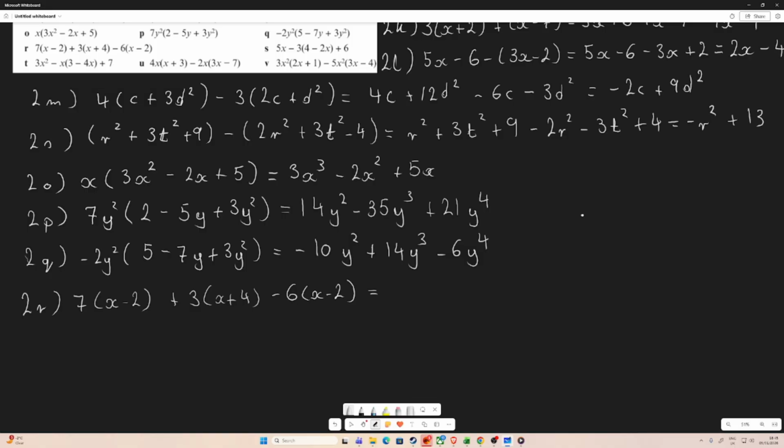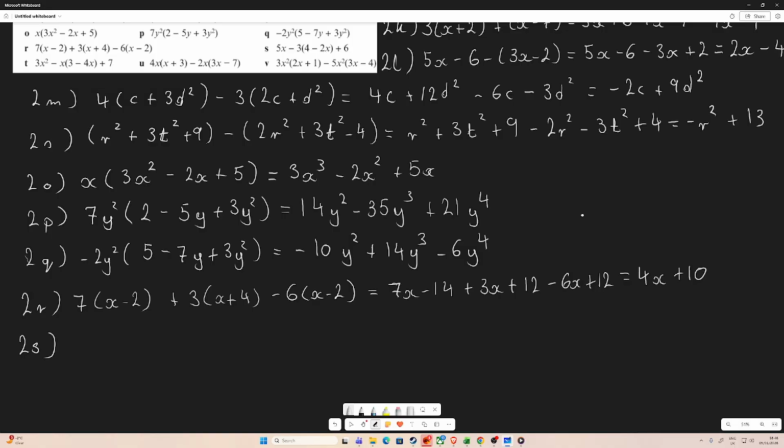So we have 7x minus 14 plus 3x plus 12 minus 6x plus 12. Collect the x's, so 7 plus 3 is 10, 10 minus 6 is 4, so that's 4x. Negative 14 plus 12 is negative 2, negative 2 plus 12 is plus 10.